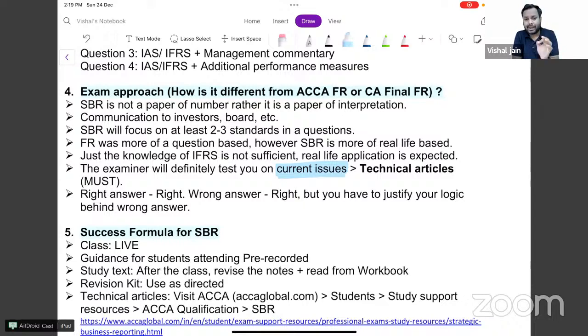Every answer can be a right answer. So then how will we get marks? If every answer is right, then everyone would score 100 out of 100. No, you get marks on the basis of how well you can justify your point. It totally depends on how well you are able to justify, and on that basis you get the marks for SBR.